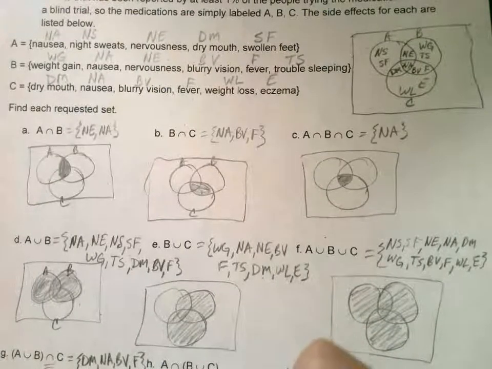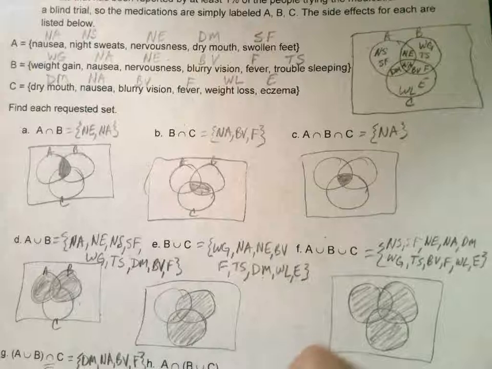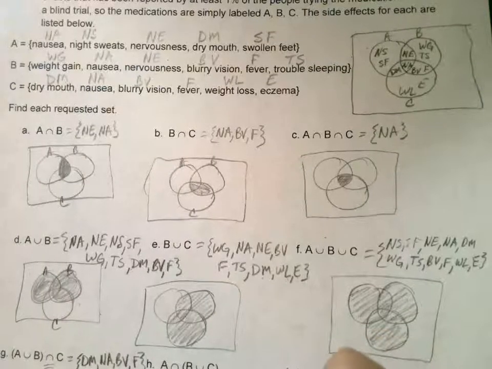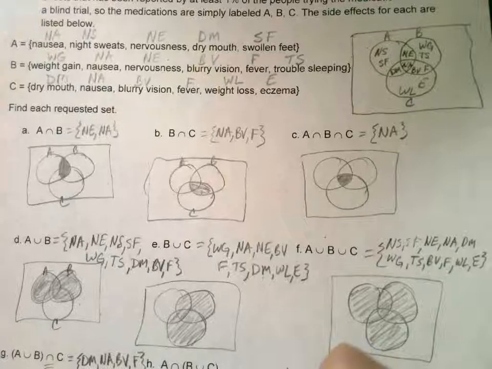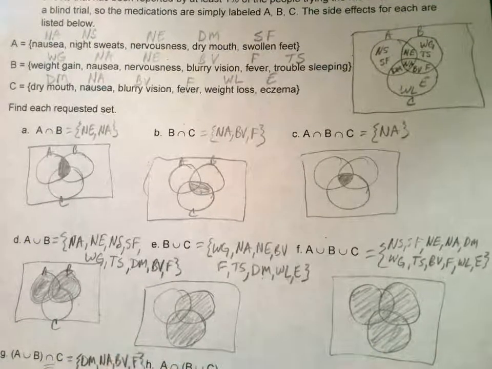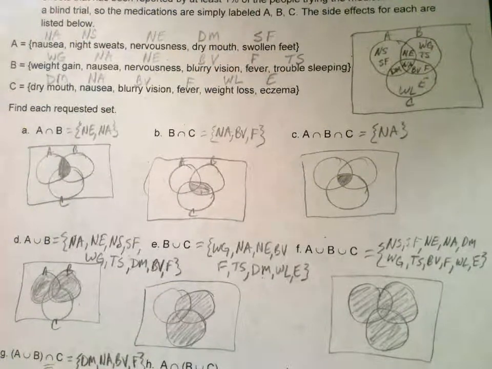Let's see, A. So all of A. Where does it intersect? Probably should be putting like an intersect kind of thing. This was an intersect. Let's see, that's A. And what does B and C look like?